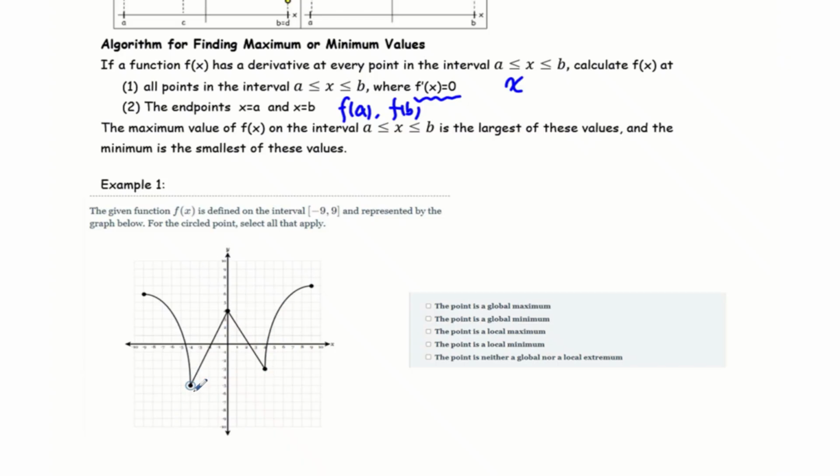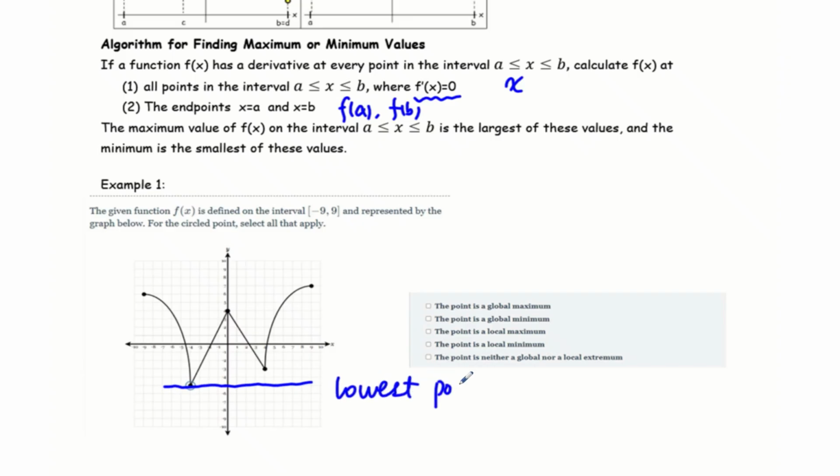For this point, it asks you to select all that apply: global maximum, global minimum, local maximum, local minimum, or neither. From this graph, we see this point is the lowest point.